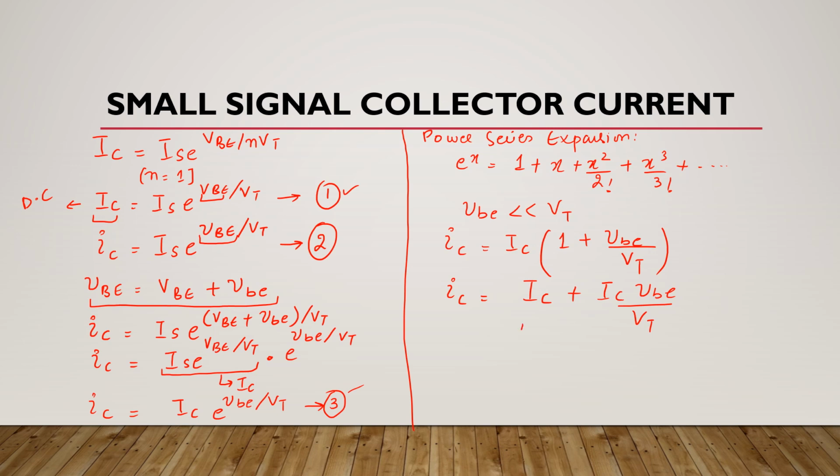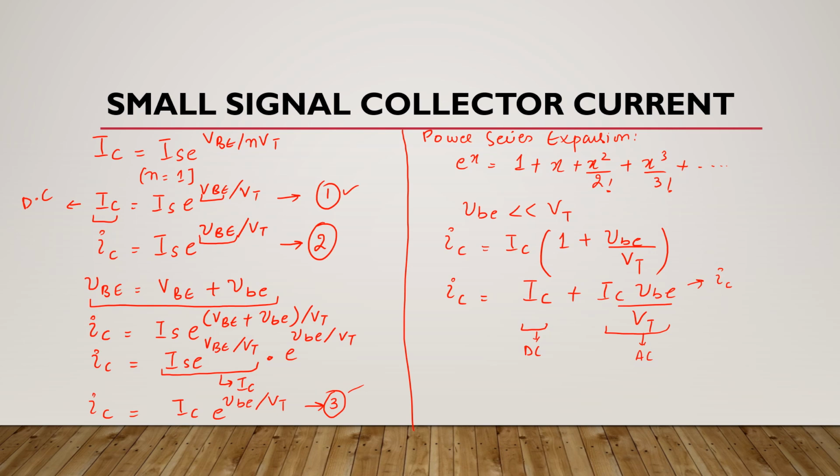We know that instantaneous quantities are the sum of DC and AC quantities. It means here this quantity is a DC quantity and this is an AC or time varying quantity. It means it is ic, because we know that AC or time varying quantities are written in lowercase with lowercase subscript.